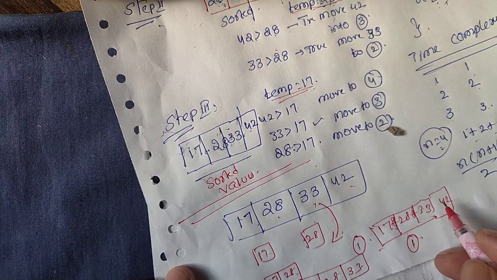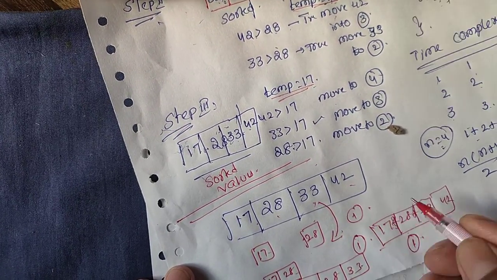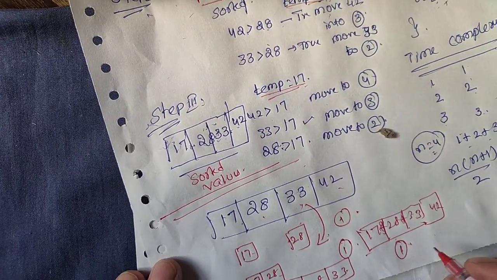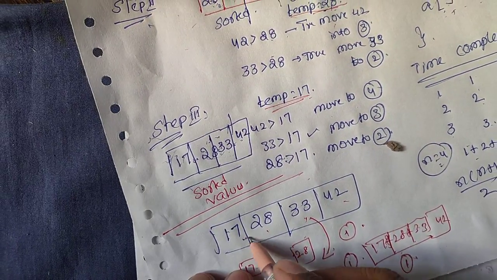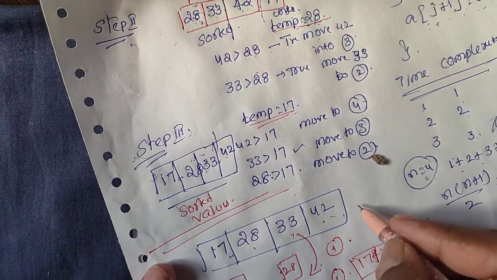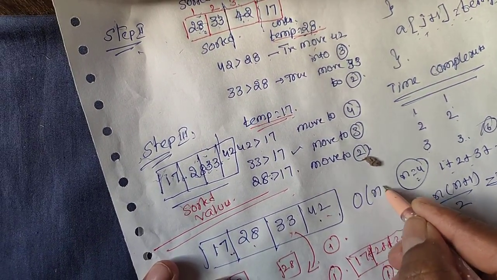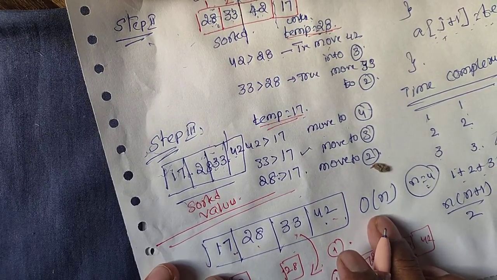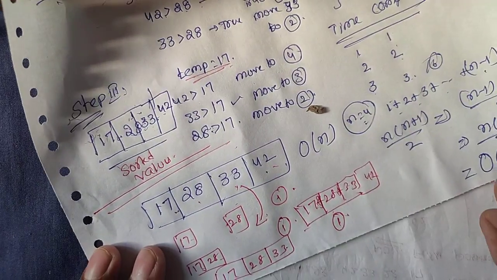So these are only one comparison each, 1 plus 1 plus 1. That's why if the values are already sorted, insertion sort takes time complexity of order of n.